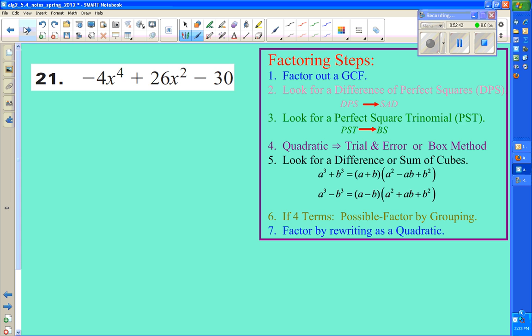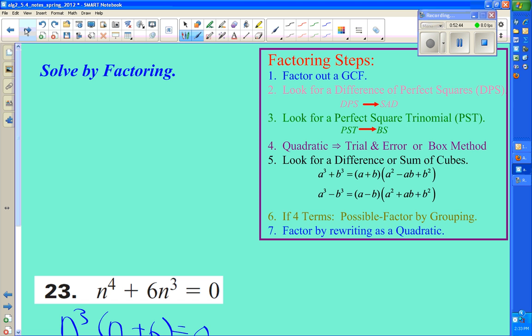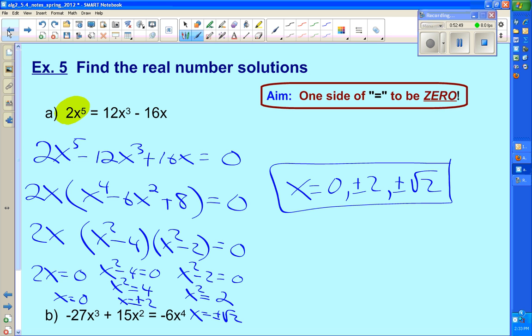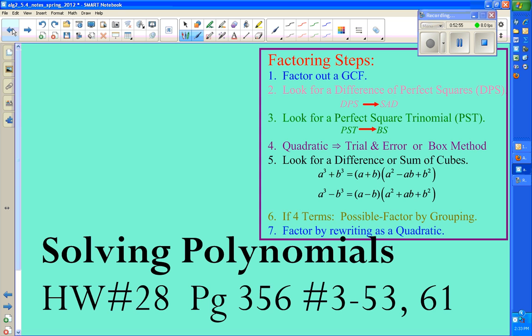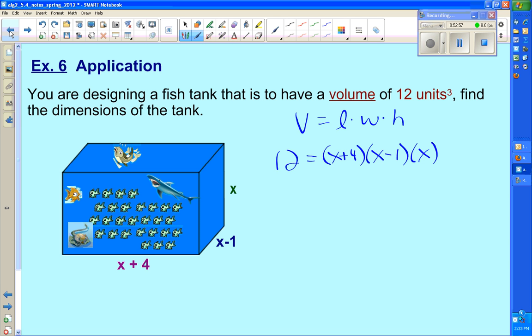One side equals 0. Get one side equal to 0. That has to be a priority when you're doing this fish tank problem. So you are going to get rid of the parentheses. You are going to multiply the binomials first if you want to keep your life simple.